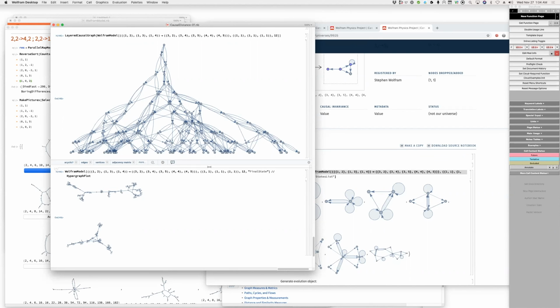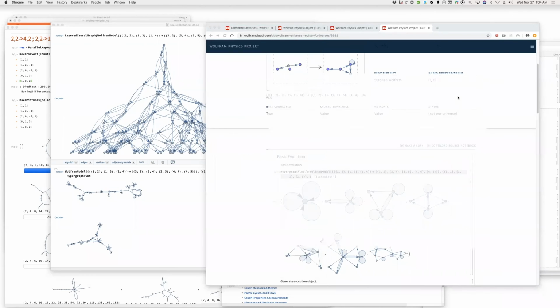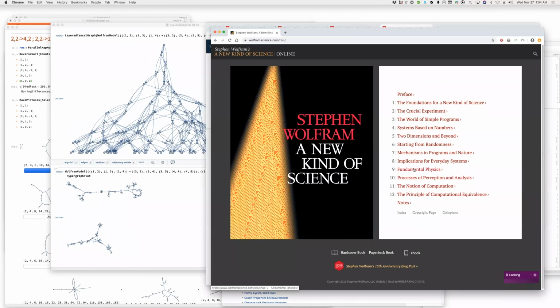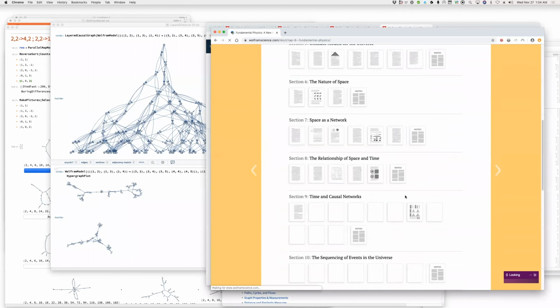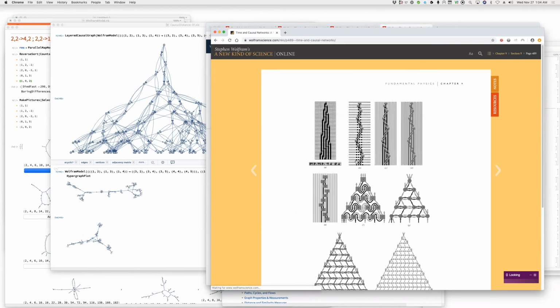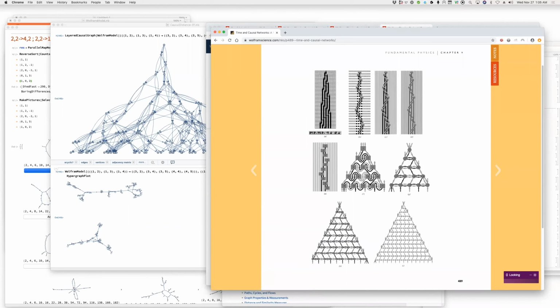Okay, what's really good about this is it's the same as a diagram in NKS, but this is now a vastly more automated way of making it. So in NKS, I show this, right? But I don't think this is the same.